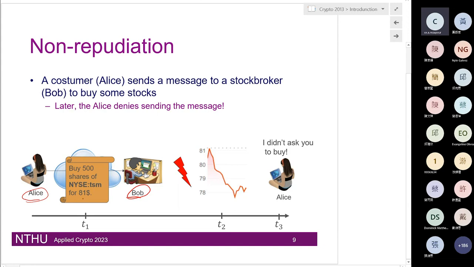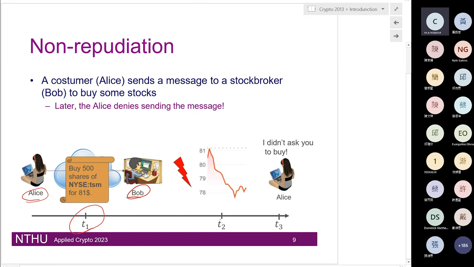And she immediately sends a message to Bob: hey Bob, can you buy me 500 shares of the New York Stock Exchange TSMC, for the price of $81 each share. And Bob would say, sure, okay, I'll buy that for you. And this happened at some time T1.